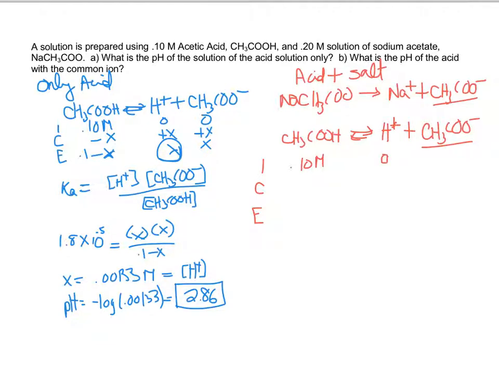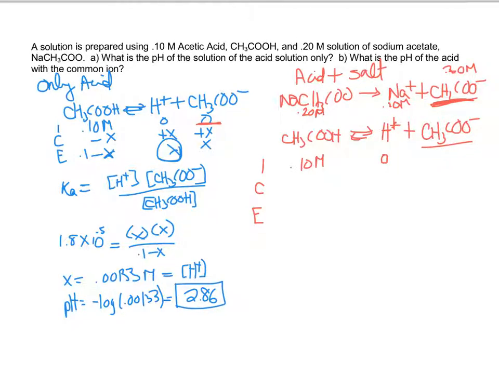my acetate in this case is not 0 like this one, because I have some acetate that's coming from that salt. And so I know that that salt is 0.20 molar, and it goes 100% to completion, so that means this is also 0.20 molar, and this is also 0.20 molar. And so before any dissociation of my acid, I still have some acetate from the salt, and I have 0.20 molar of that acetate.